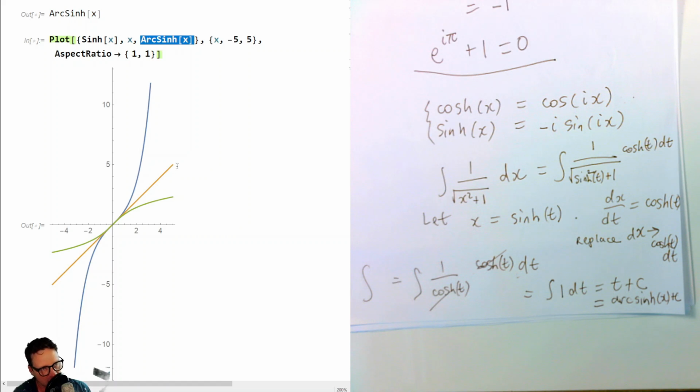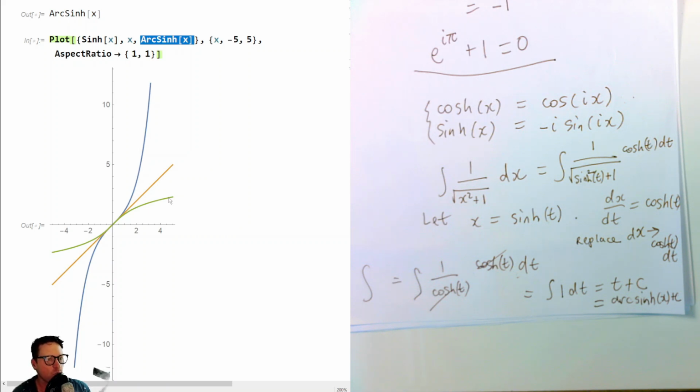Okay, so now I've got the line y equals x there, because if I take a mirror image of the curve y equals sinh of x, mirrored about the line y equals x, I will get this green curve. And that is the inverse function arcsinh of x. So you can think of an inverse function as a mirror image about the line y equals x. Now, inverse functions do not always exist.